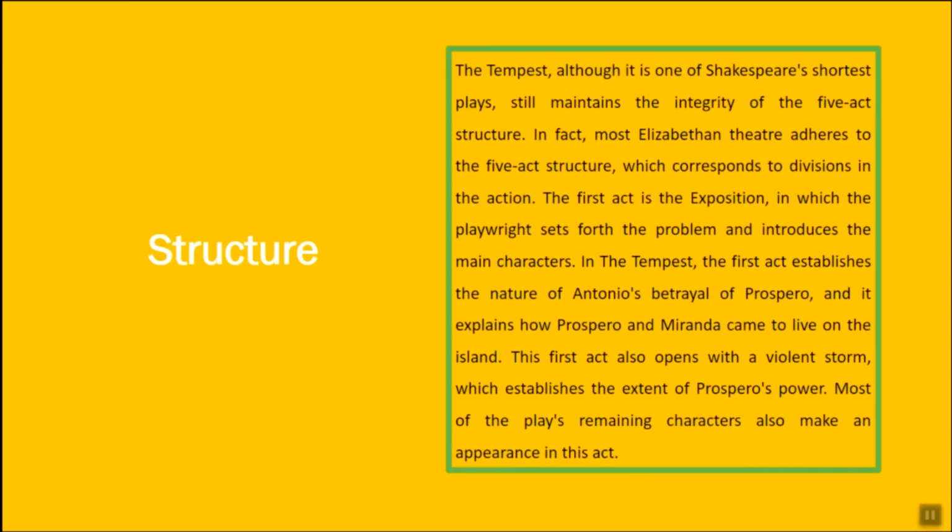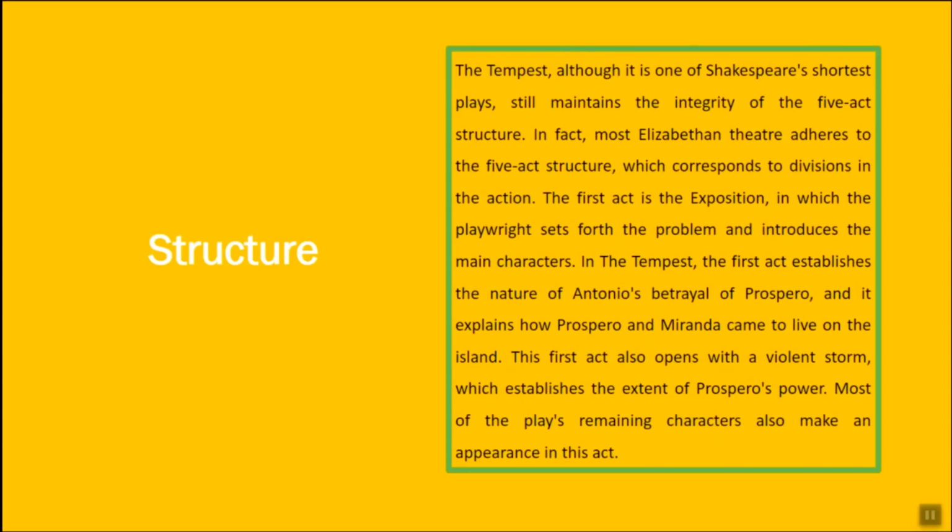The first act is the exposition, in which the playwright sets forth the problem and introduces the main characters. In The Tempest, the first act establishes the nature of Antonio's betrayal of Prospero, and it explains how Prospero and Miranda came to live on this island.